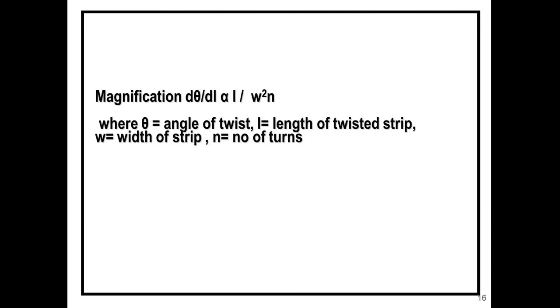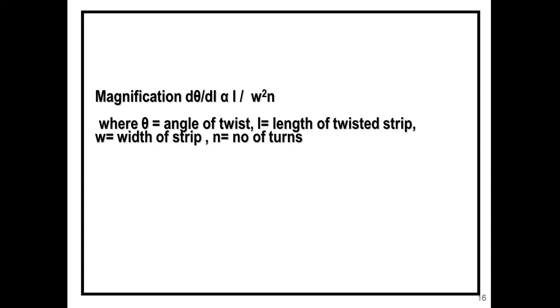So the magnification of this instrument is given as dθ/dL, which is directly proportional to L divided by W squared into N. This is very important. The magnification of the Johansson microcator, dθ/dL, is directly proportional to L divided by W squared N, where θ is the angle of twist.